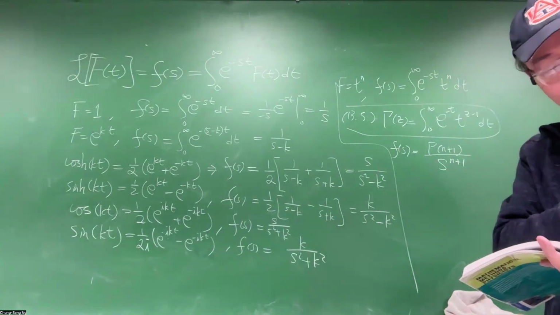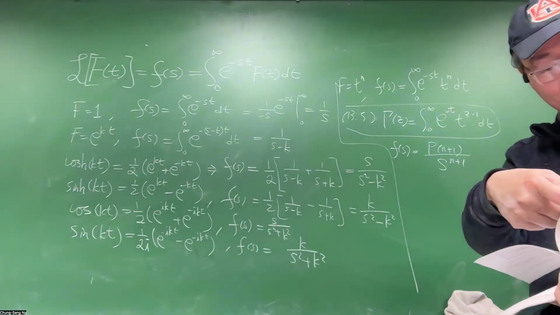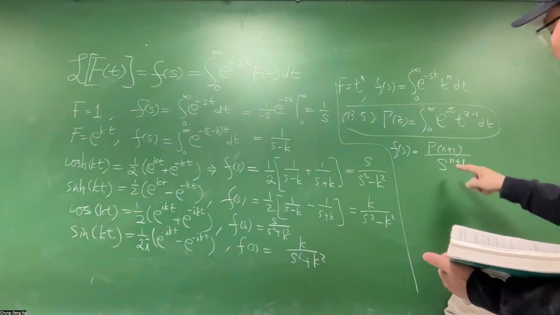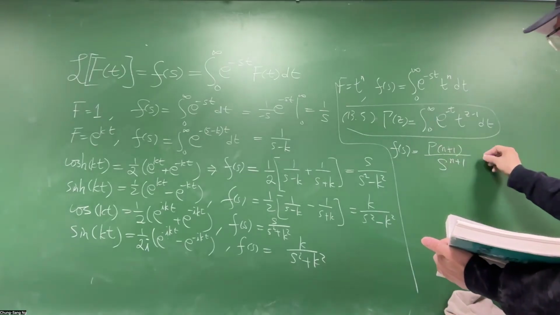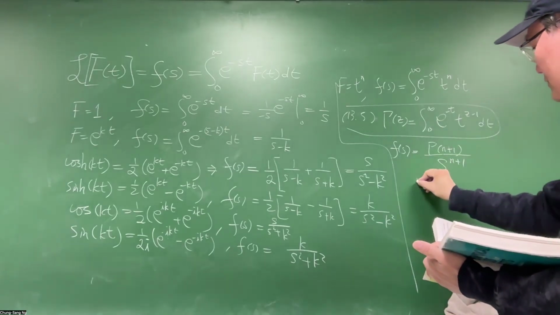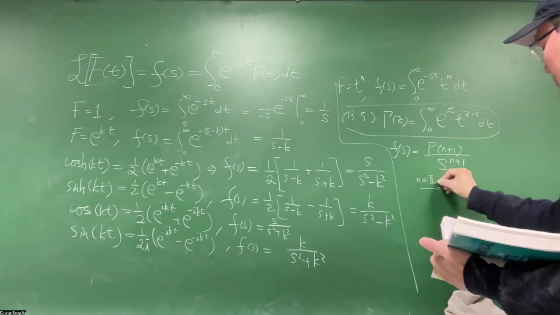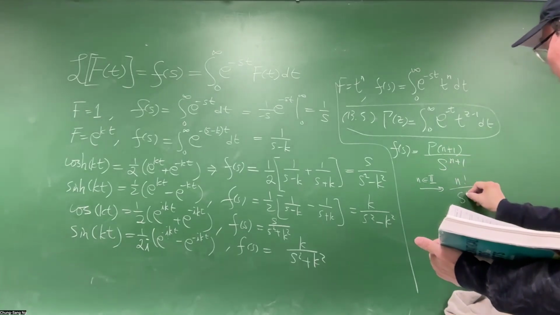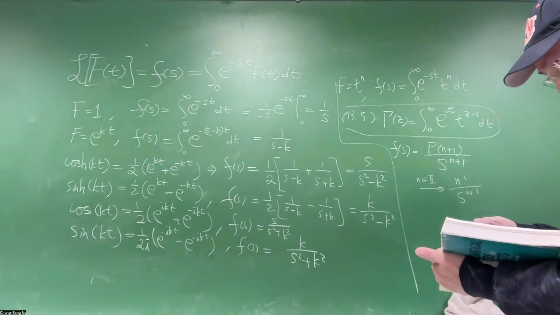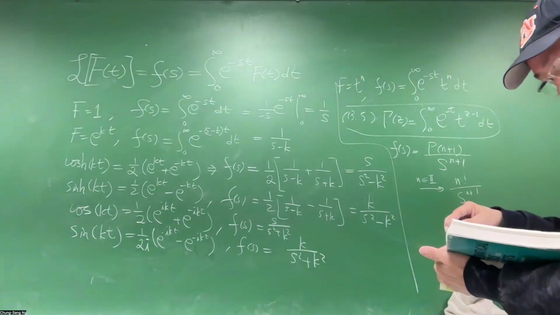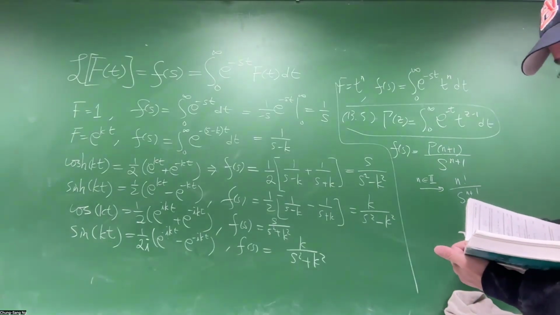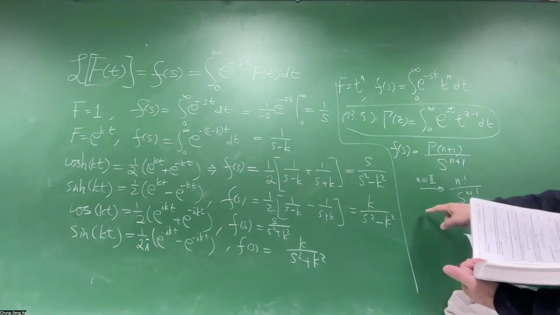One property of the gamma function is that gamma of n plus 1, for integer n, is just n factorial. That's equation 13.4.